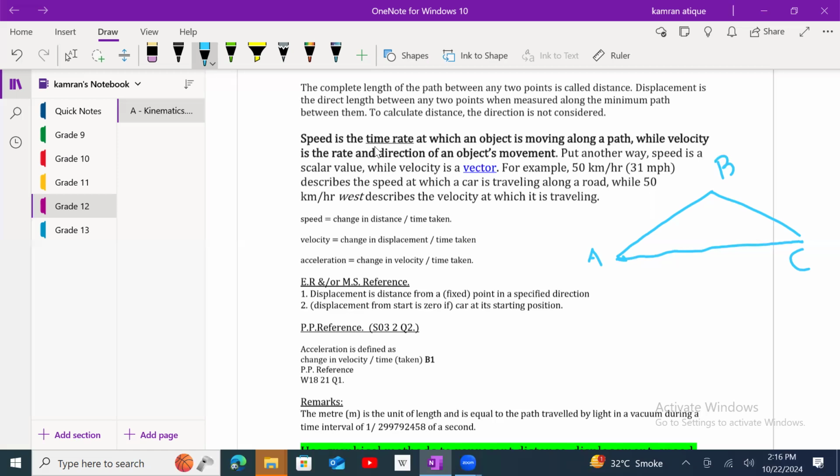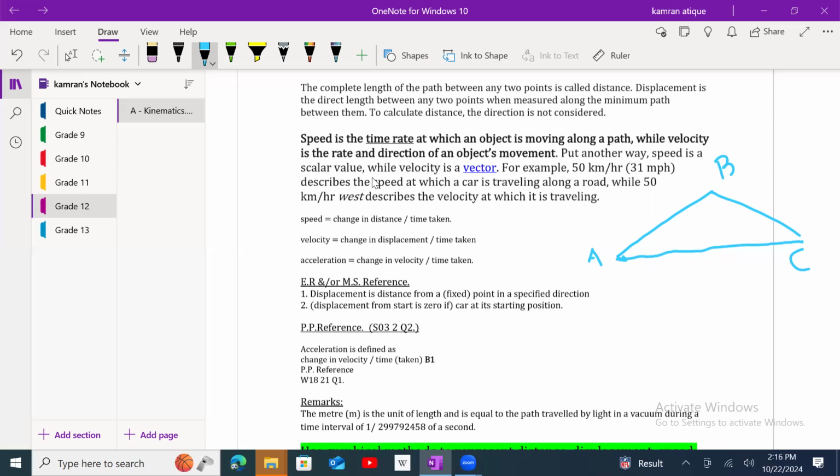While velocity is the rate and direction of an object's movement.